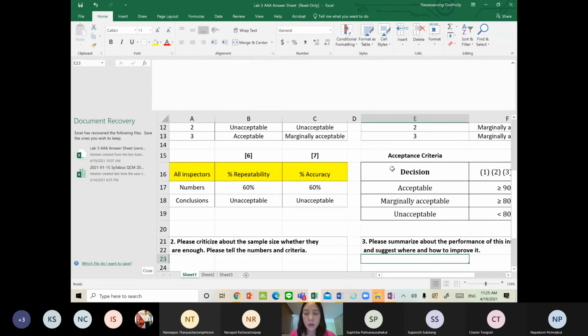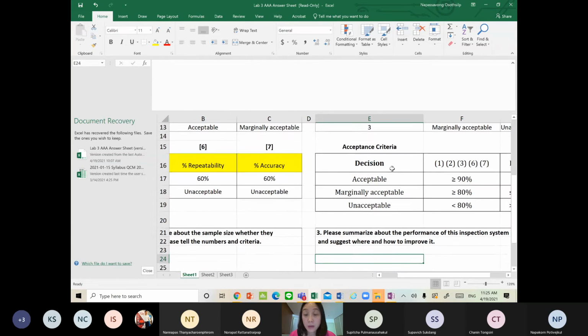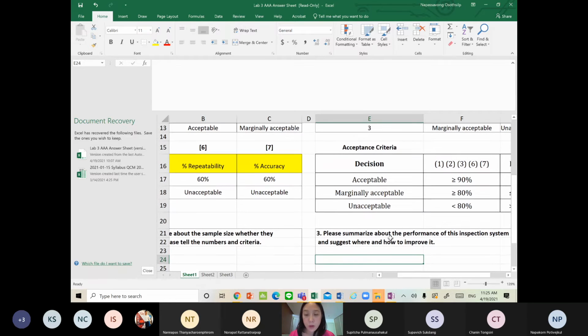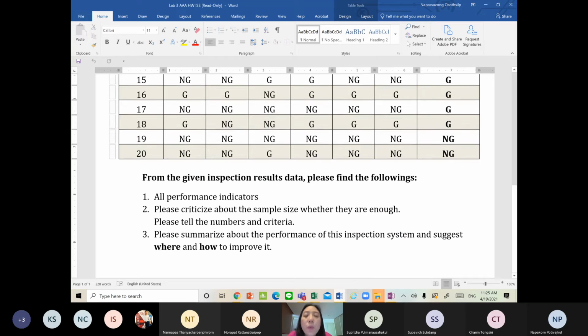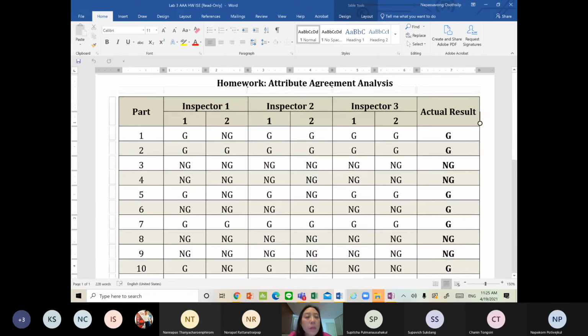That is the answer for question number 3. Then I have another homework for you to practice this again.